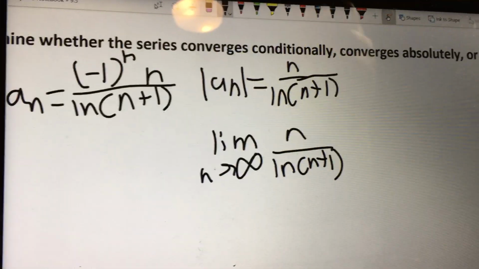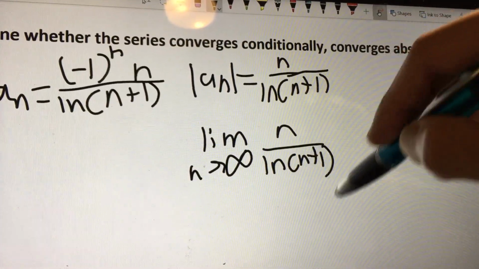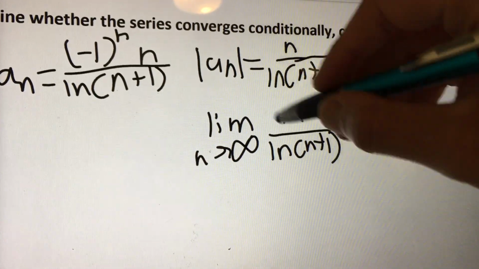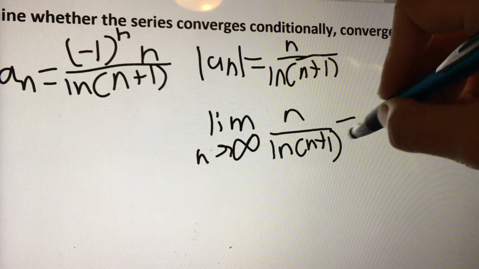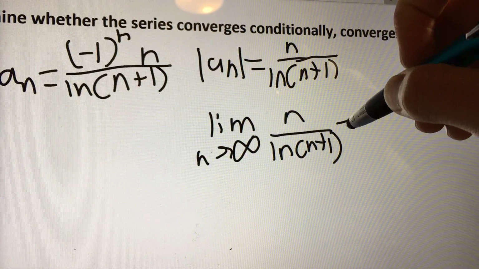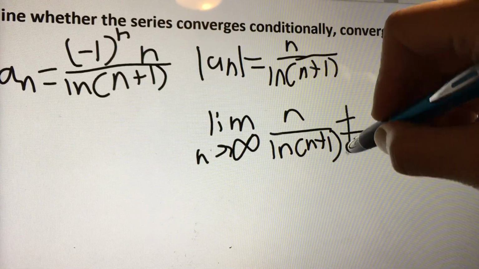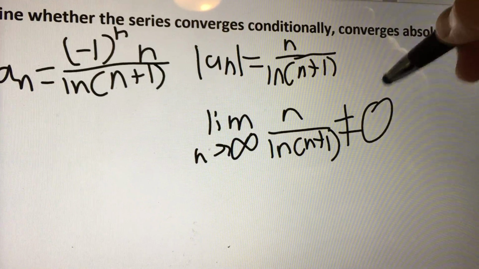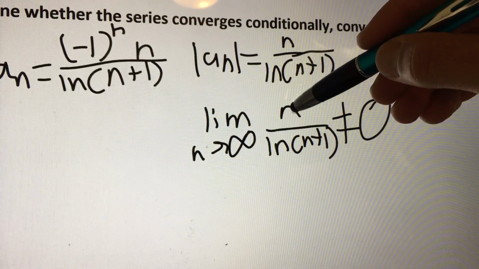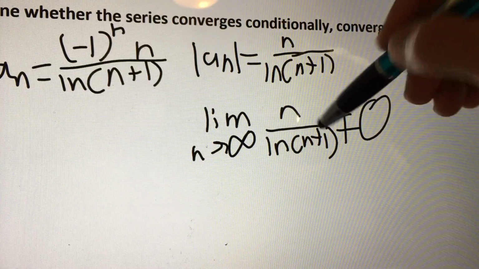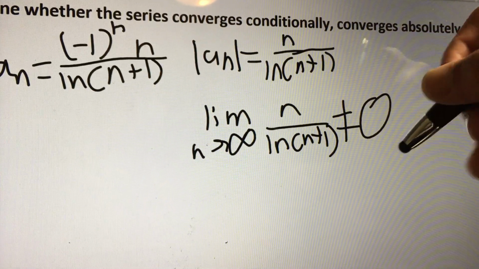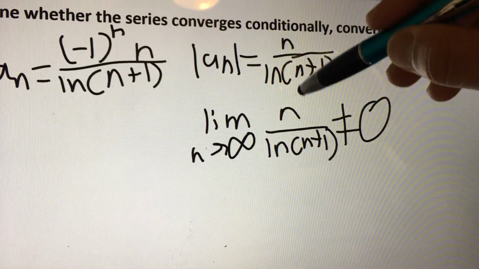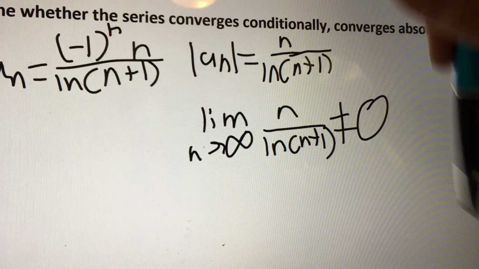So we know this is considered your absolute value, right? If we take the limit of this, it does not approach 0, because this is growing and this is slower growing. It does not approach 0 just because ln is really slow and n is growing.